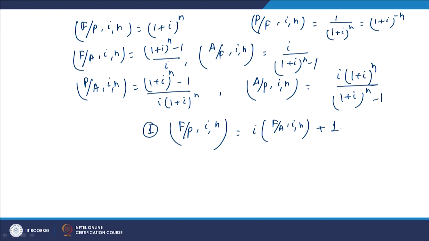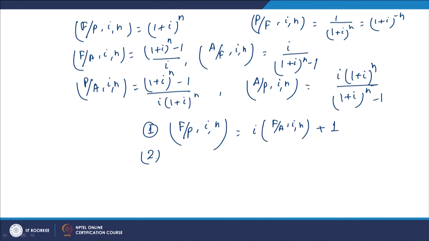So this is how you can get one factor. If you know one factor and you have to know the second factor, you can directly use it. So if you know F by P, you can directly find F by A, i, n, provided you know i and n. So by looking at this relationship, you can find these factors.